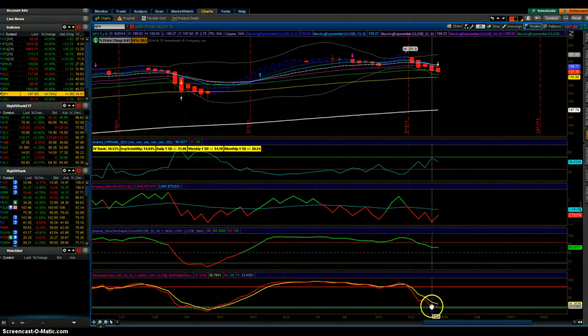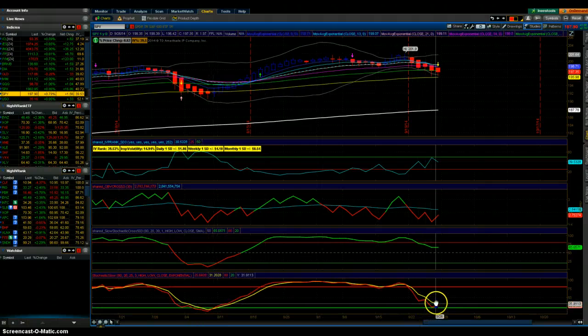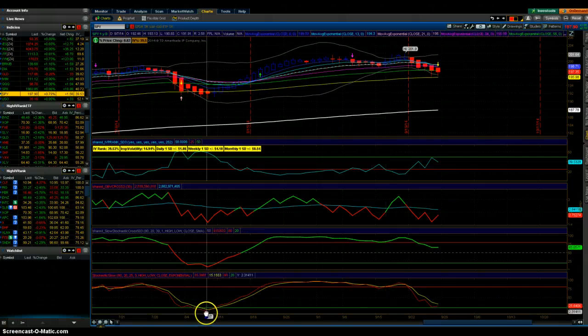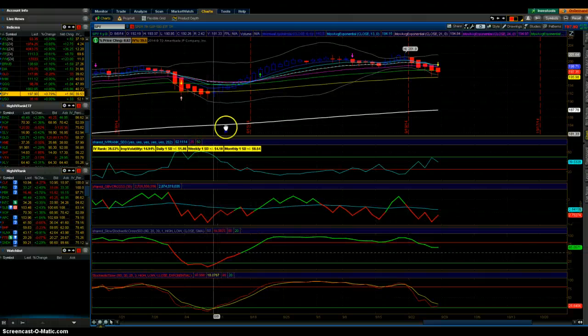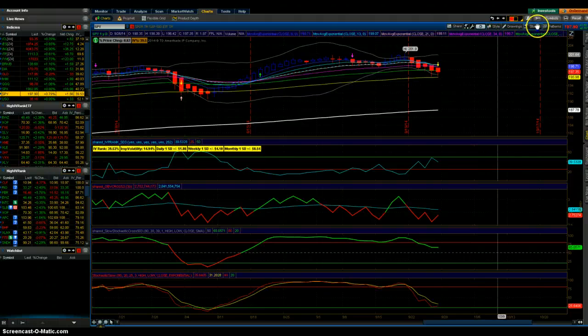But you see how it's all the way at the bottom here, okay? And it's about to cross the yellow line, which is the 3. If it crosses above this yellow line and it's at the bottom, it's kind of like the move is over. See how the move is down here? And this is down here and this is down here. The move is kind of over and the market rebounded. So I'm not positive yet, but that's just how different things you can look at.